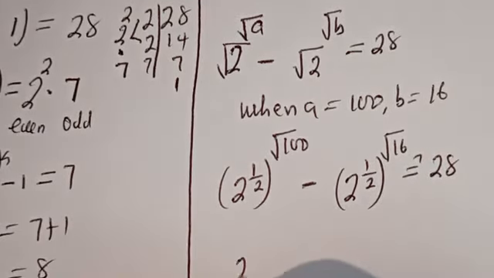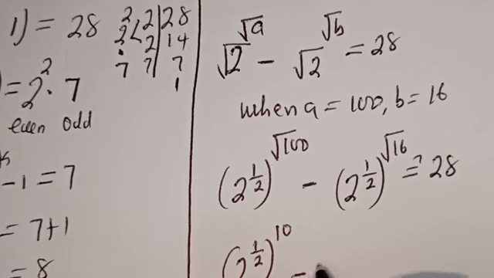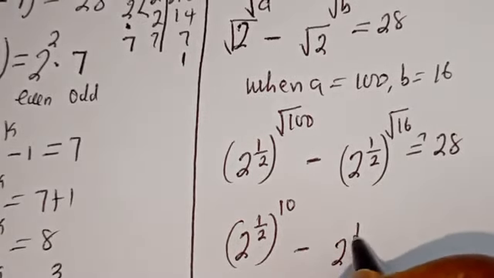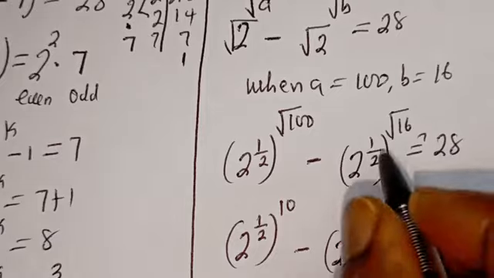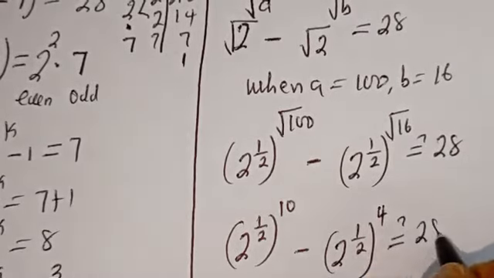Then we have 2 to the power of 1 over 2 to the power of square root of 100 is 10 minus 2 to the power of 1 over 2 to the power of square root of 16, that is 4, must be equal to 28.